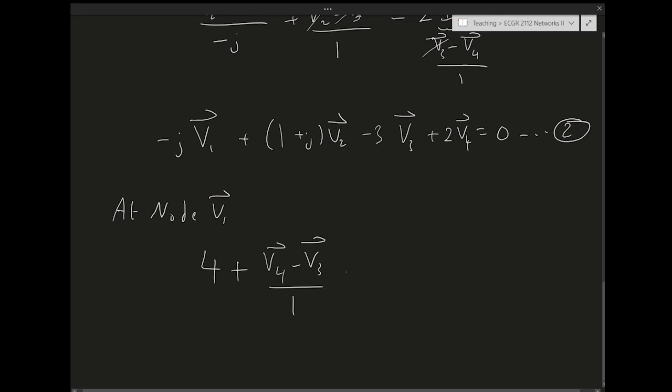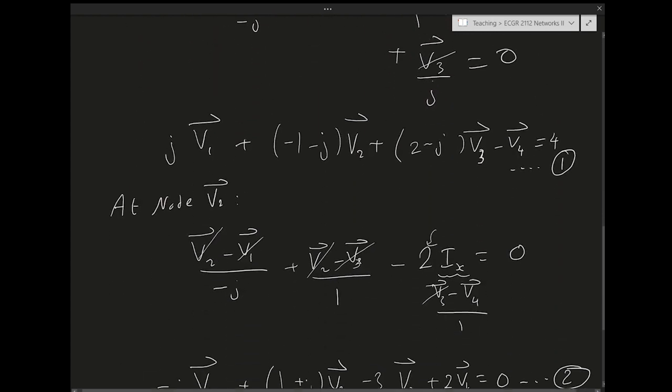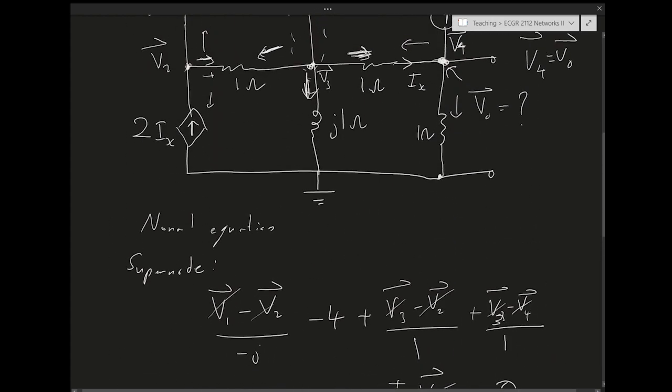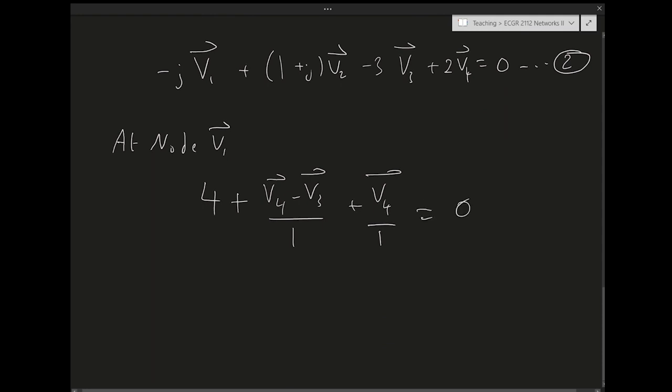And then the third current is V4 over 1, this current. This is a resistor, equals 0. So there's no V1, V2 here, but there's minus V3 and plus V4, so plus 2 V4, that equals minus 4. That's equation 3.